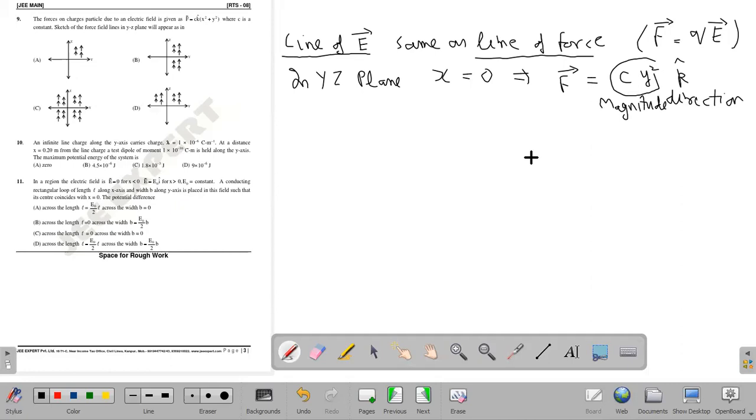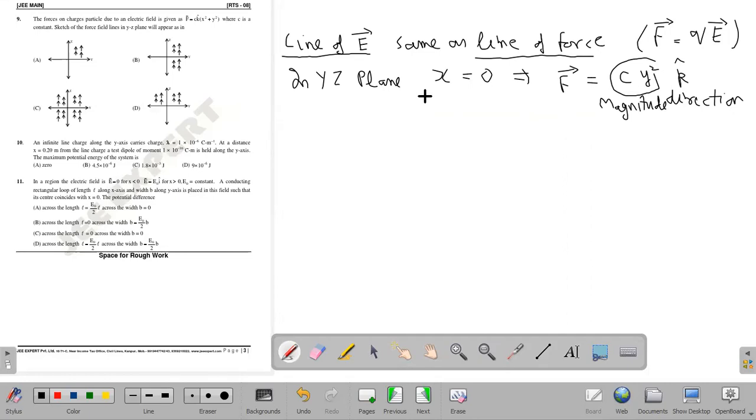The higher the value of y, the higher the force; the lesser the value of y, the lesser the force. But because it is a y square factor, even if y is positive or negative, the direction of force will remain the same.